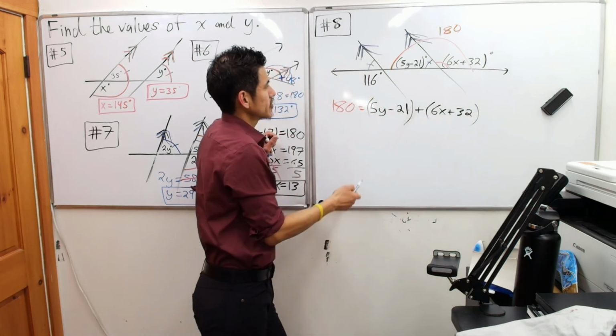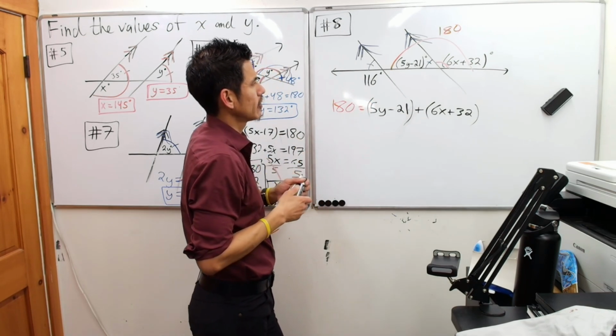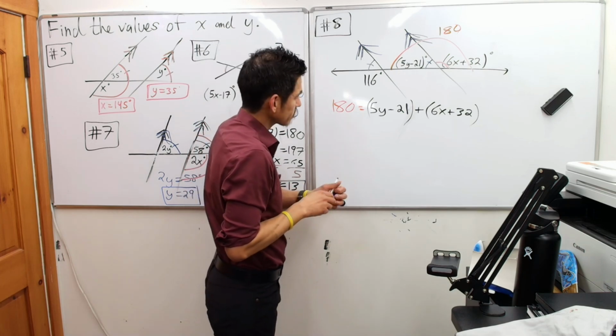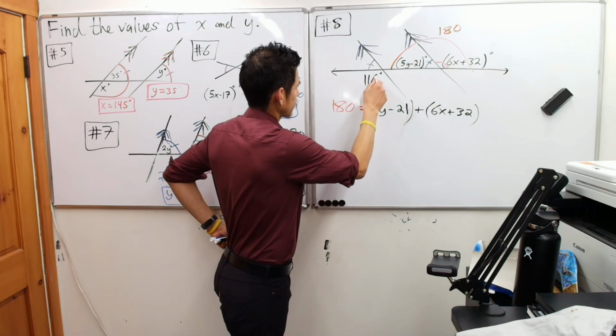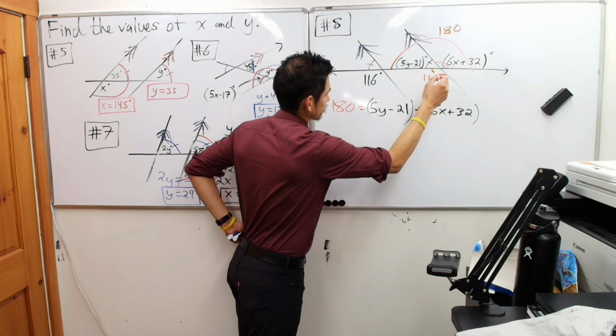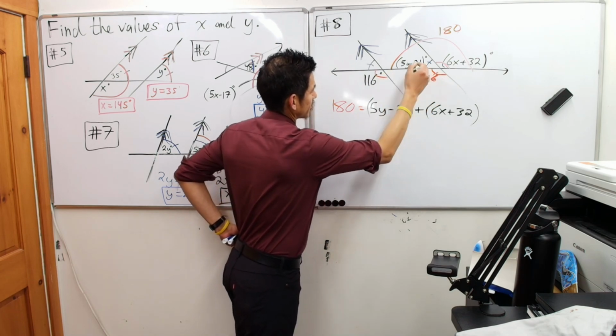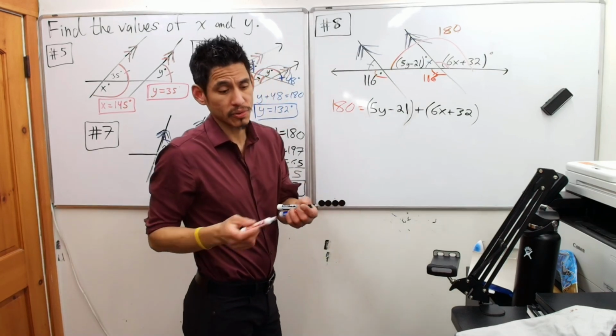Okay. So let's use this 116 degrees to figure this out. Since this angle is on the other side of this one, this angle here is 116 degrees because it is congruent to this. So we can have 116 plus 5y plus negative 21 is 180.